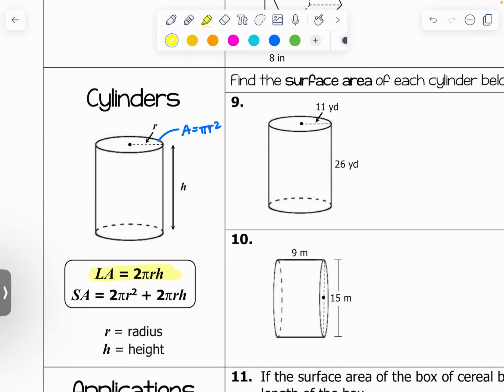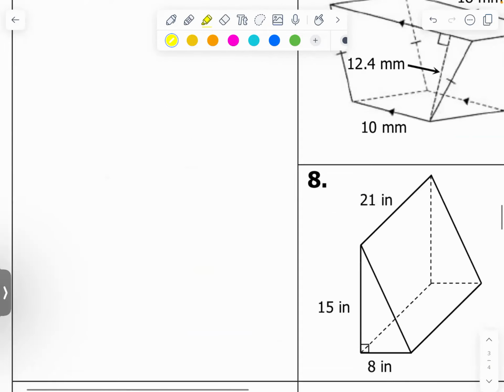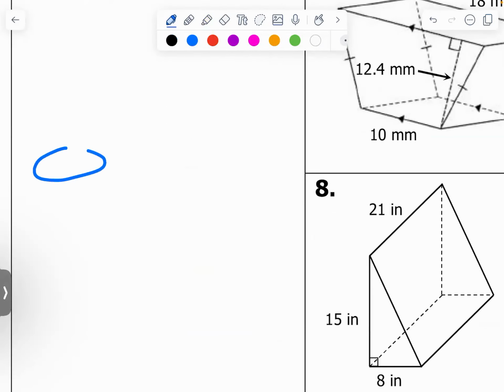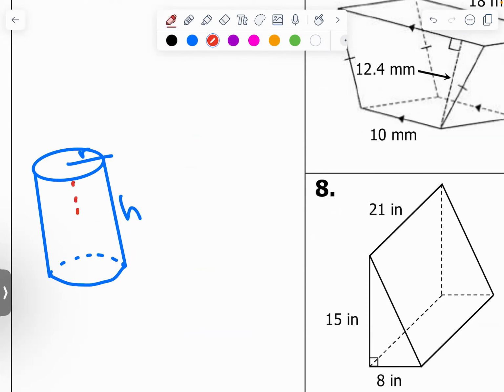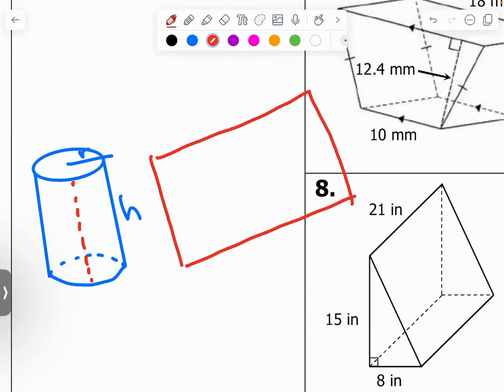Do I need to draw my picture again? So I'm drawing a cylinder. Radius, height. If we cut it and I lay it out, it's really a rectangle where this is the height, and this part right here is wrapped around the circle.